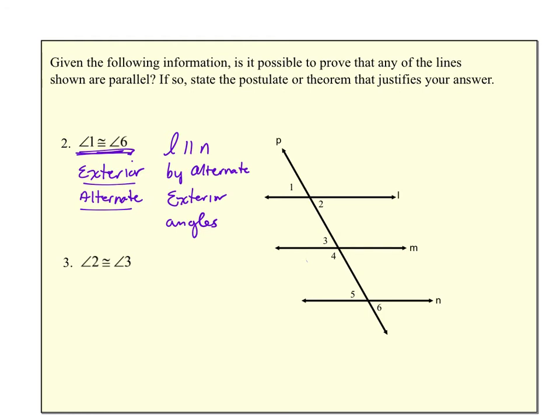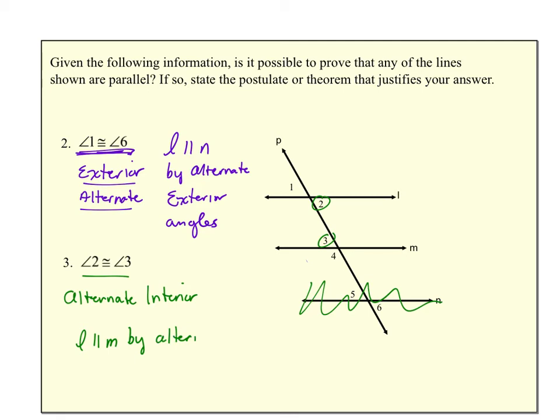The second one, 2 and 3. So 2 is here, 3 is here. I don't need this stuff down here, so I ignore it. 2 and 3 would be alternate interior. So I would say that, yes, L, in this case, is parallel to M by alternate interior angles.